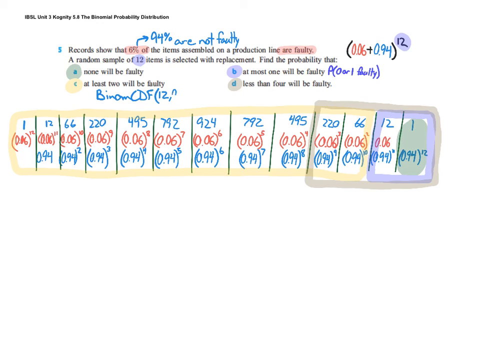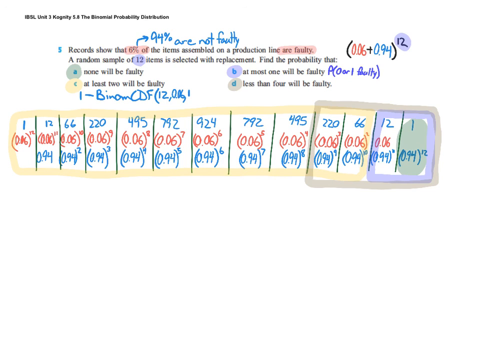Our probability was 0.06. We want it to go from 2 faulty ones up to all 12 faulty ones. So why don't you do up to 2 and then 1 minus that? So we're going to do 1 minus this up to how many? 1. Because it's at least 2.